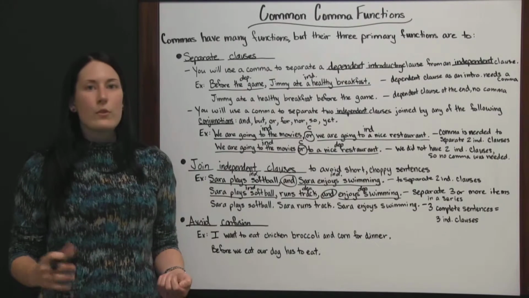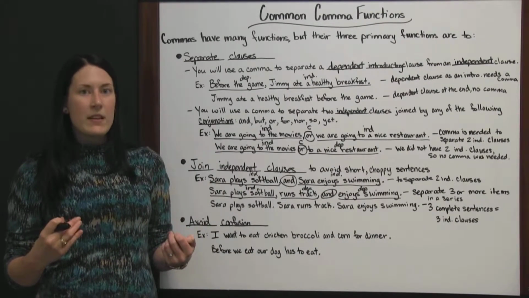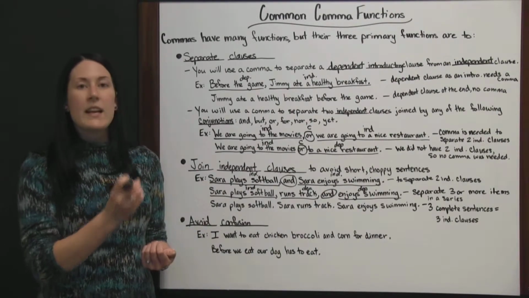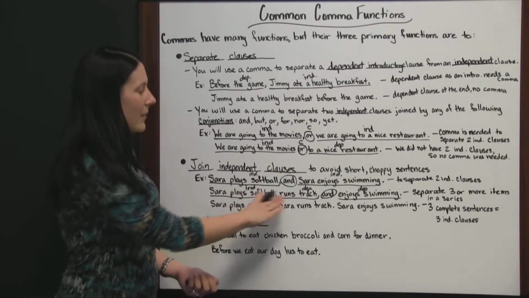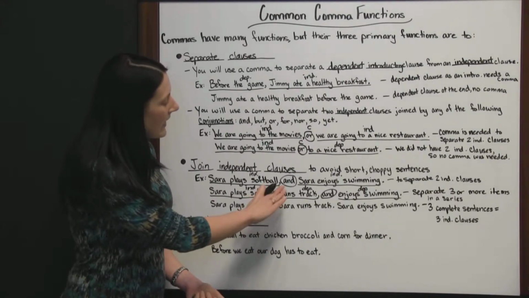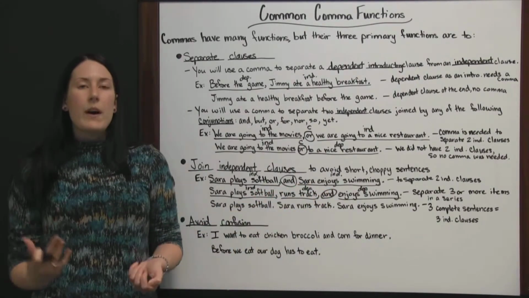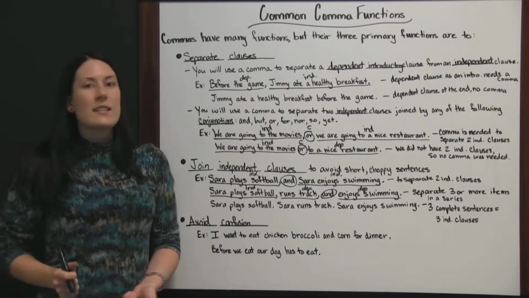Or we could use our rule of separating two independent clauses with a comma and a conjunction and keep two independent clauses instead of separating it up and making it dependent clauses, but three different activities in a series.